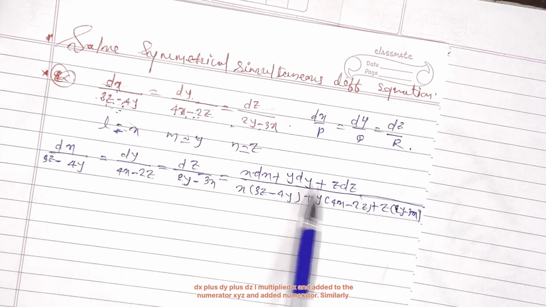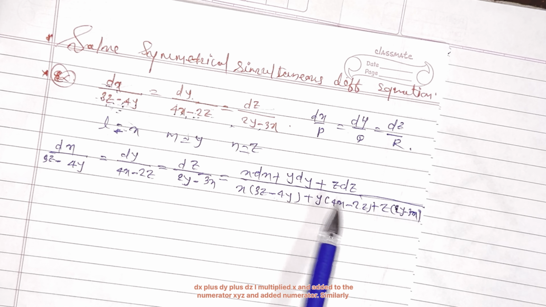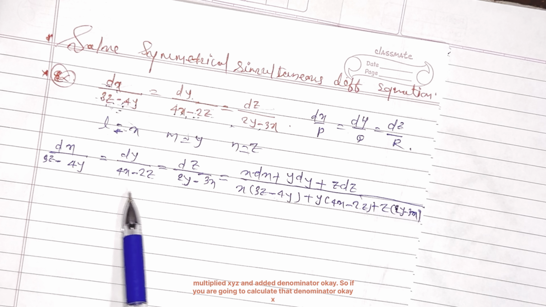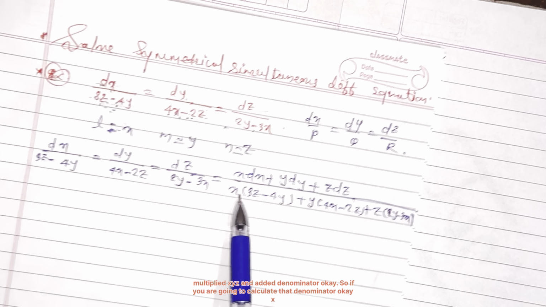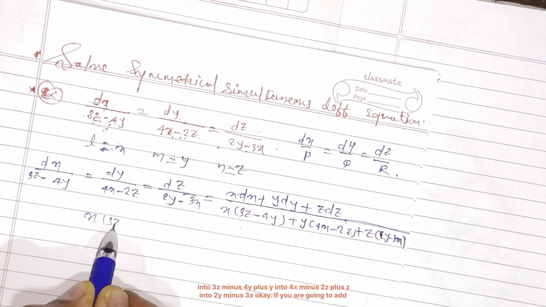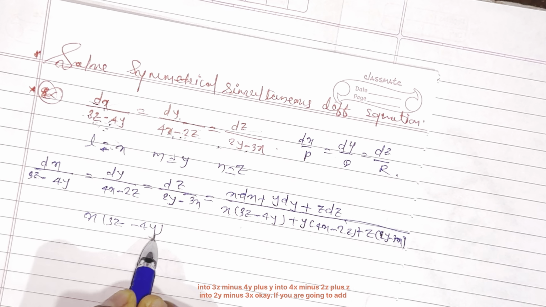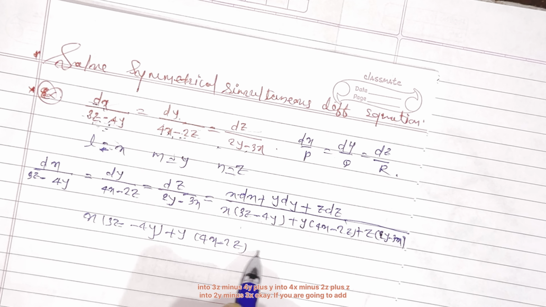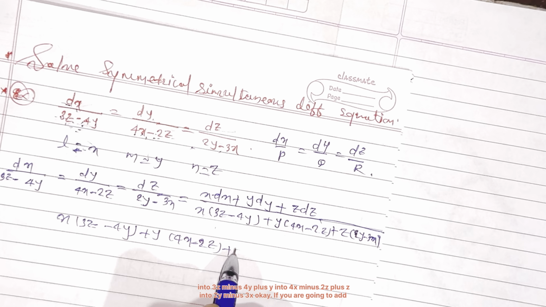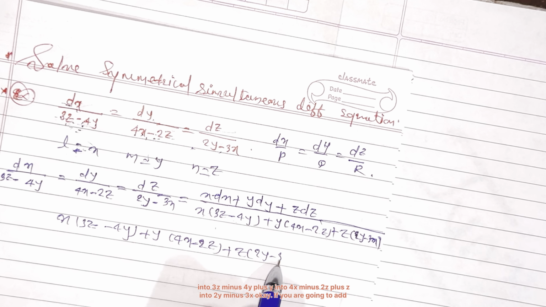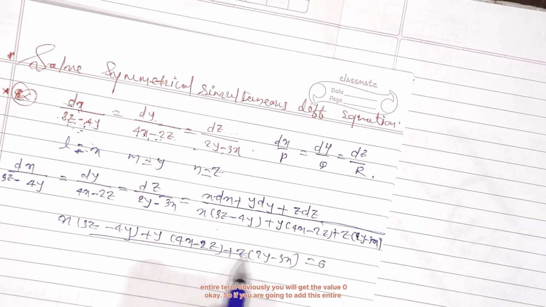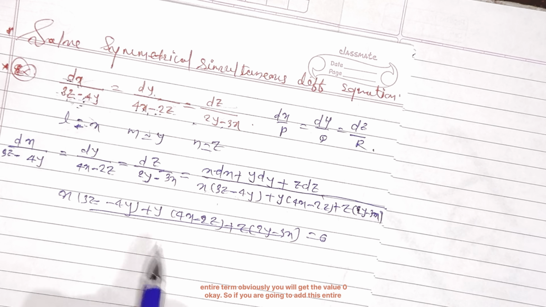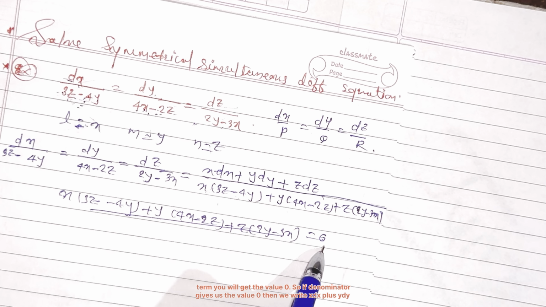I multiplied x, y, z and added the numerators, and similarly multiplied x, y, z and added the denominators. If you add this entire term, obviously you will get the value 0.